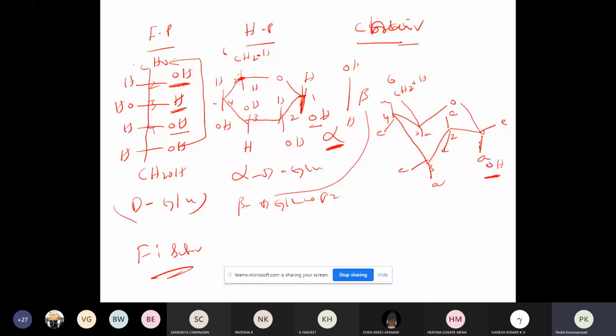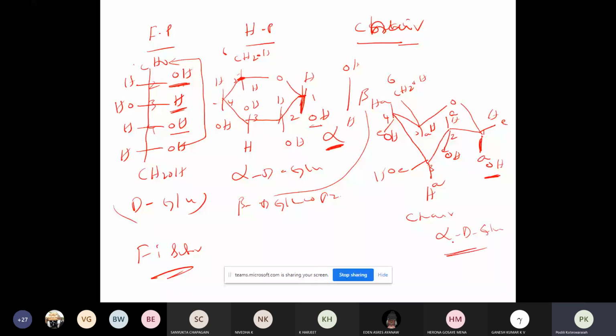Then H down, here H. Then OH down, here OH. Then of course here H. So when OH is down, here H, and when OH is down, again H. If here H, then here OH, and if here OH, then here H. So this is the chair conformation of alpha D-glucose.